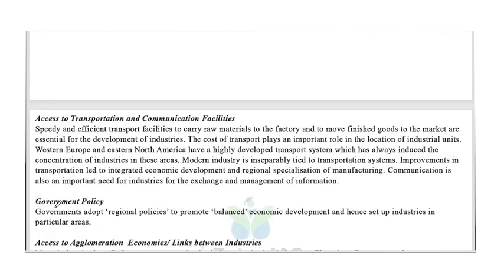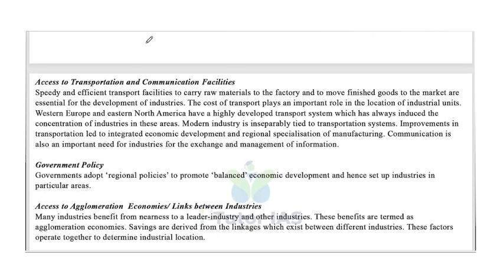Okay. Now, access to transportation and communication facilities. Speedy and efficient transport facilities to carry raw materials to the factory and to move finished goods to the market are essential for the development of industries. The cost of transport plays an important role in the location of industrial units. Western Europe and Eastern North America have a highly developed transport system which has always induced the concentration of industries in these areas.